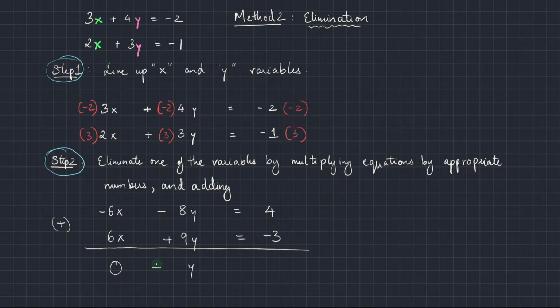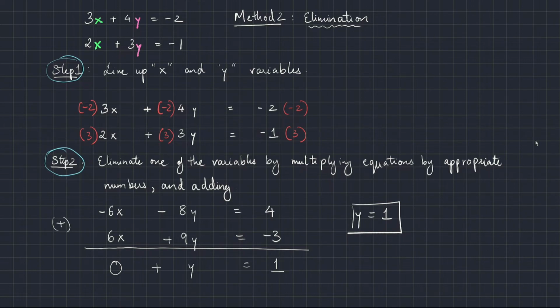So 0 plus y equals, adding 4 to negative 3, I get 1. 0 plus y equals 1, and therefore we have y equals 1. That's a much faster way than substitution to find one of the variables, but it's also trickier because you have to find an appropriate number that you have to multiply.